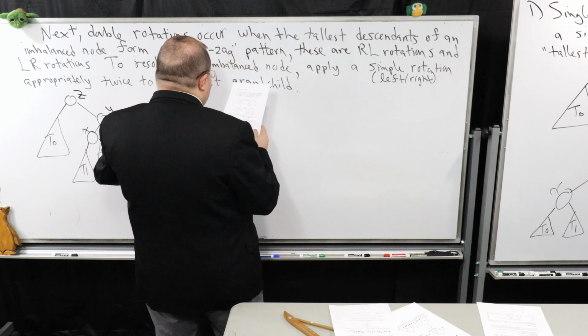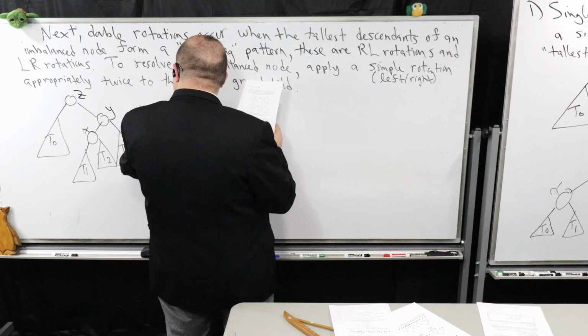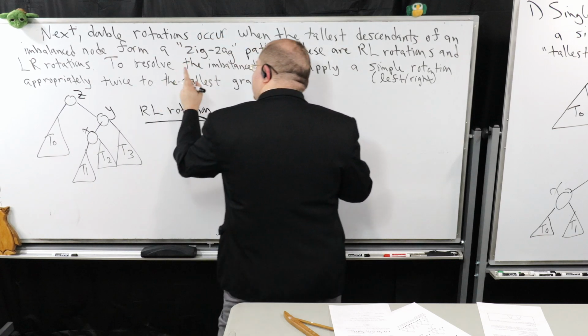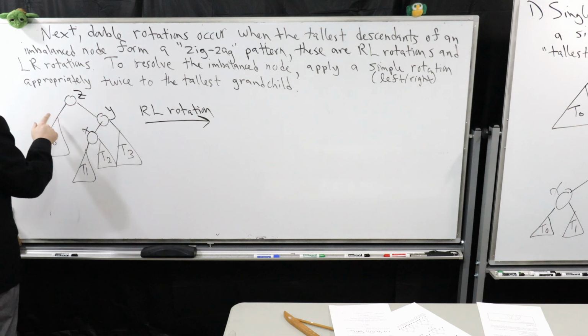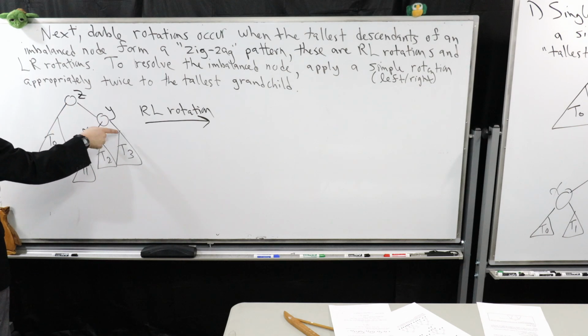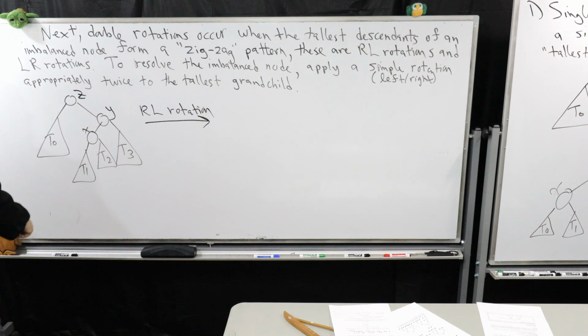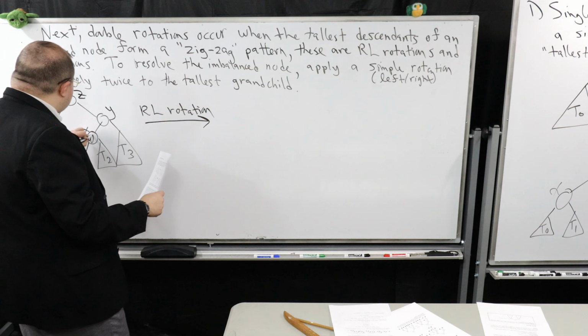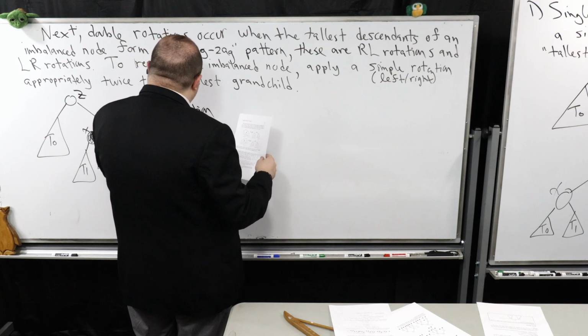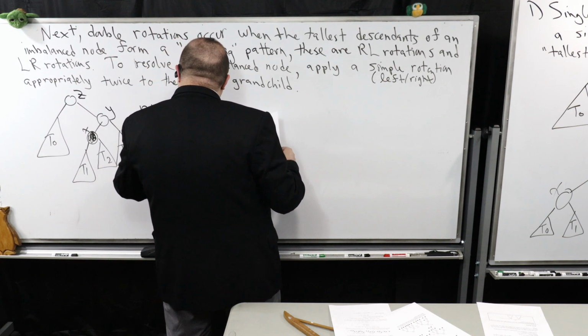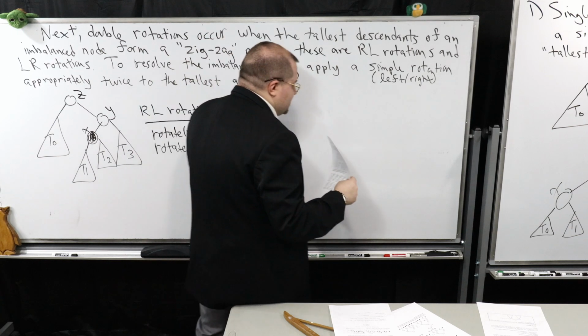So if I do the RL rotation, as I said, I'm going to take the tallest grandchild. This is the taller of the two children, and then I take the taller of this node Y's children, which is X. So all a double rotation will be is I rotate X, then I rotate X again. So I just do rotate X twice. That's all it is.